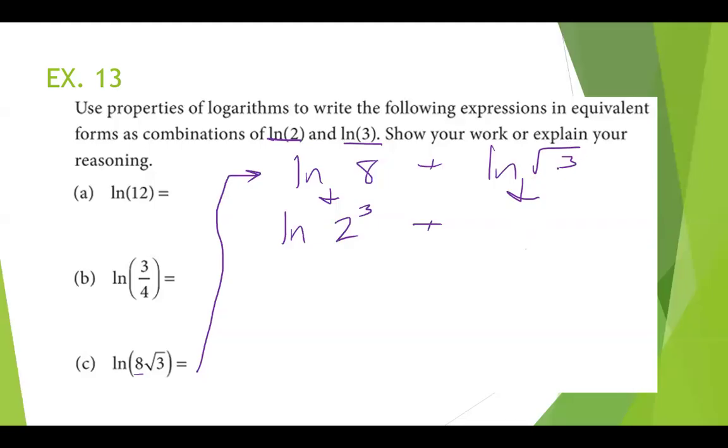Okay, a square root is the opposite of a square, right? So therefore, you're going to reciprocate to the second power. If I'm reciprocating to the second power, that means I'm flipping the numerator and denominator. So natural log of square root of 3 can be written as natural log of 3 to the 1/2. And those are equivalent, right?